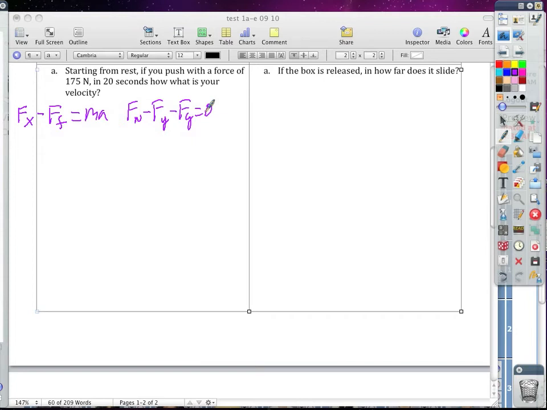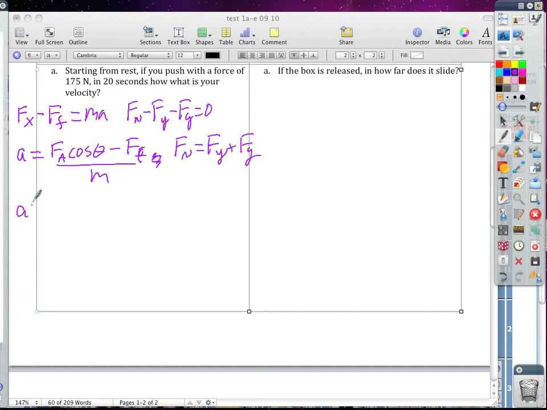Okay, so in order to get our velocity, we need to get our acceleration, which is right there. So our acceleration is going to be Fx, which we already know to be Fa cosine theta, cosine theta minus Ff over m. And we know that Fn is equal to Fy plus Fg.